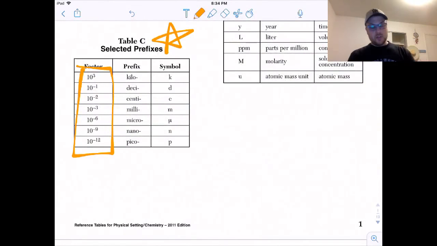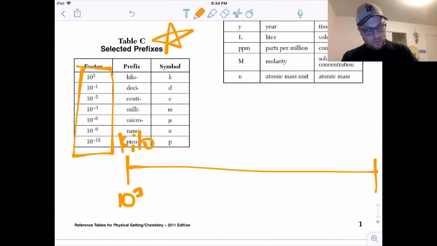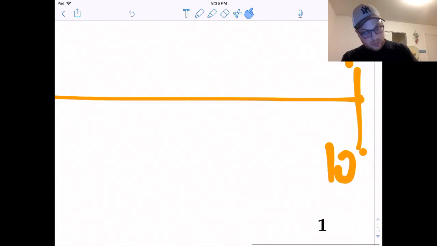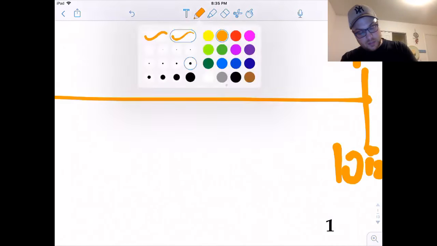So I'm just going to fill those in: 2, 1, 0, negative 1, negative 2, negative 3, negative 4, 5, 6, 7, 8, 9, and 12. This is the only way I've thought to use this table effectively.